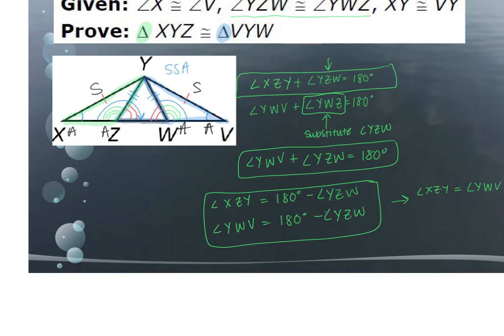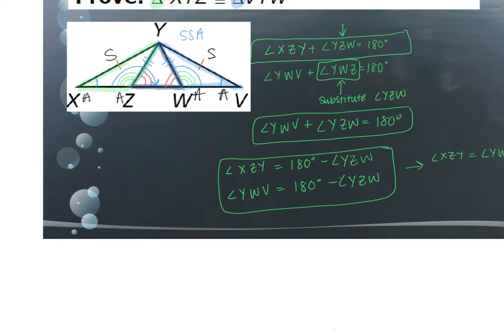Okay, so angle, angle, side gets applied, and we can prove congruence.